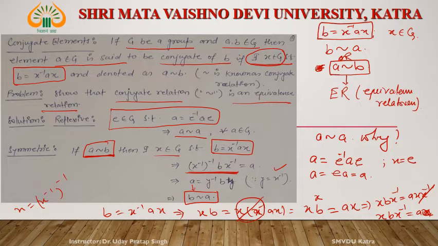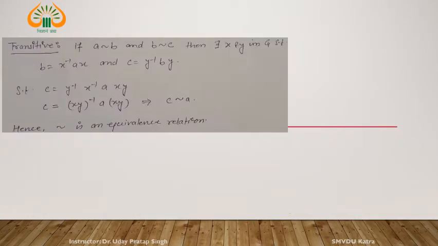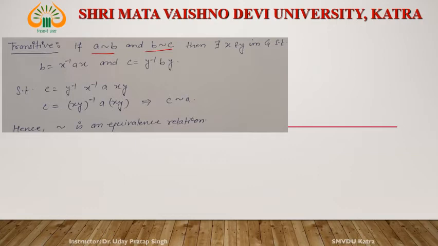Now come to the transitivity. If A is conjugate to B and B is conjugate to C, then what is the definition? The definition says that there exist two elements X and Y such that B is equal to X inverse AX, and B conjugate to C implies C is equal to Y inverse B Y. What is B?